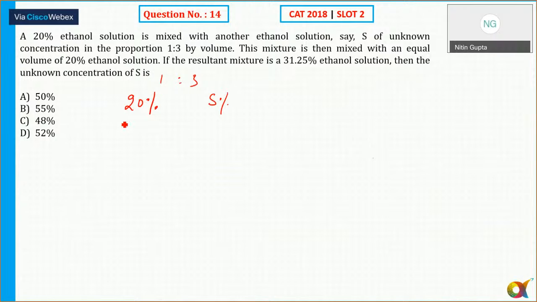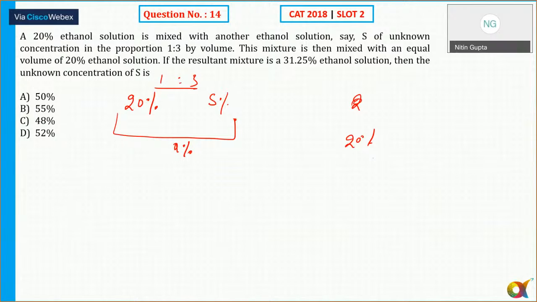So whatever I'll get, this mixture is then mixed with an equal volume of 20% ethanol solution. So इसमें final volume मुझे नहीं पता, X% है, और एक और solution है जिसमें 20% है. And it says if the resultant mixture is a 31.25% ethanol solution, then the unknown concentration of S is here.